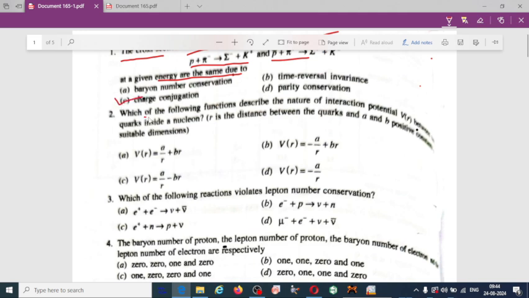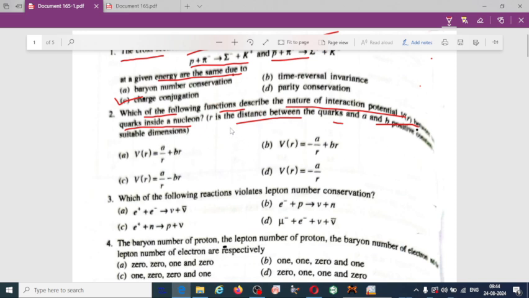Second question: which of the following functions describes the nature of the interaction potential V of R between the quarks inside a nucleon? R is the distance between the quarks, and A and B are positive constants.